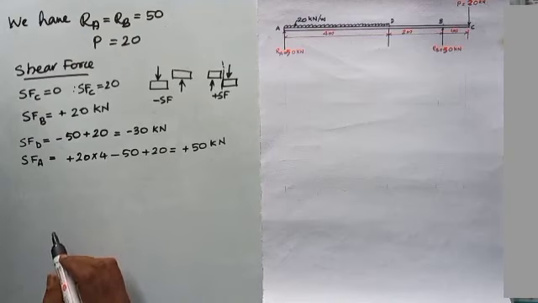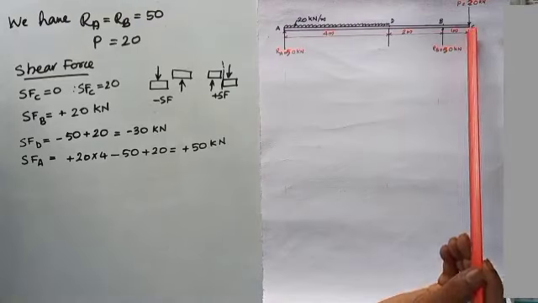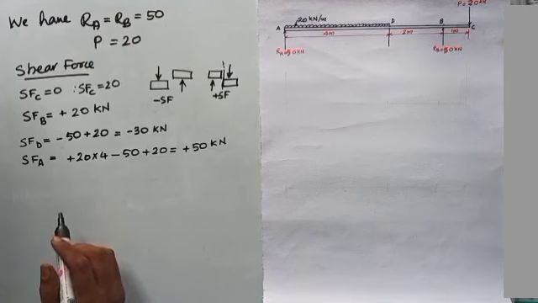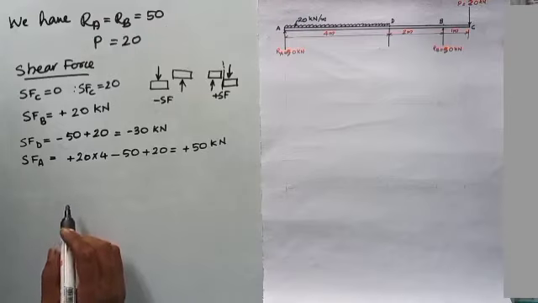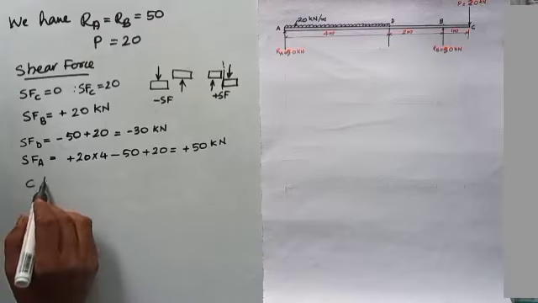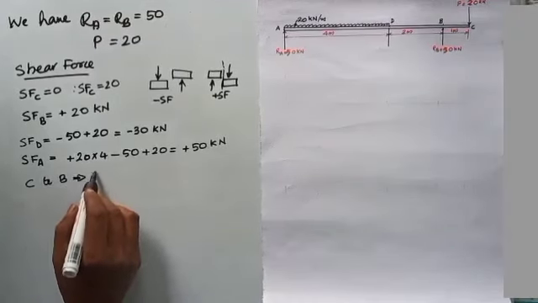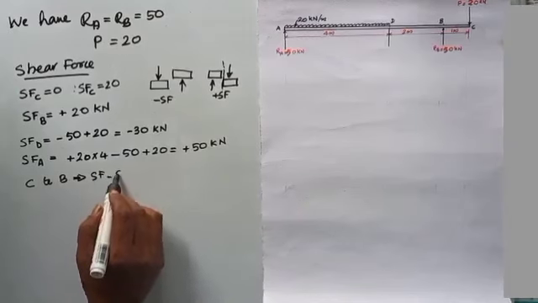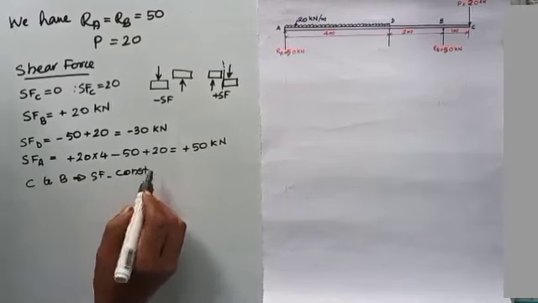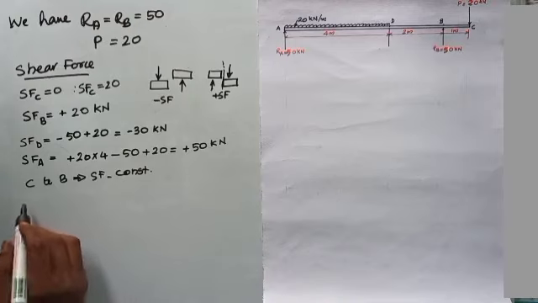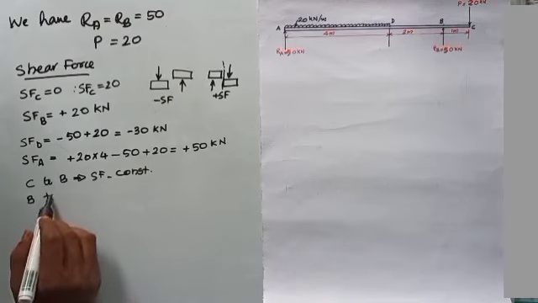Now, referring to the load diagram, we can see that from C to B there is no load, so the shear force value will remain unchanged from C to B, shear force constant, and from B to D also shear force constant.